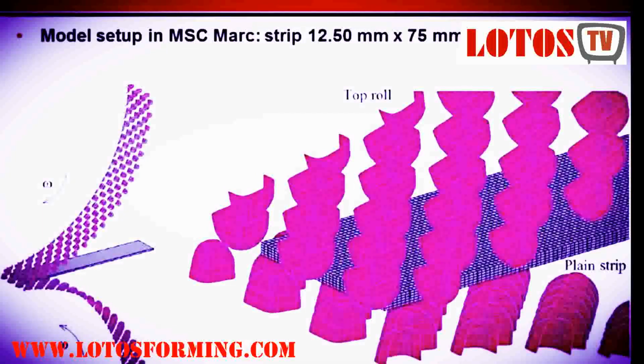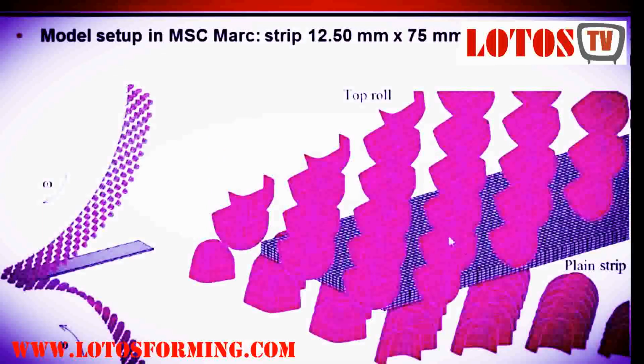In this example, only a small strip is present here. You can see on the left side the coiled dimpling process with the flat steel strip in the setup, and on the right side a closer look at the rolls, the setup of the rolls, and also the mesh of the flat strip.